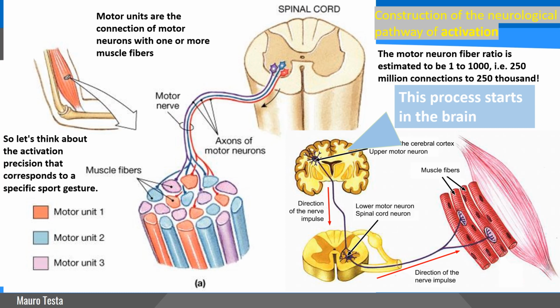Don't you think? So it's very important to consider this aspect, because the spinal cord sends the signal, but it is the motor units involved in the movement that are important for us to study, because it's the motor unit that determines that sport-specific movement.